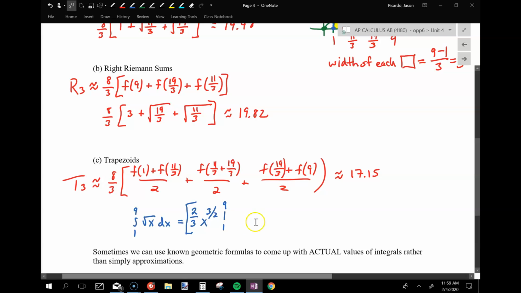So again, what does that mean? It means take 9 and plug it in, take 1 and plug it in, and take the difference between the two, right? So that's going to be 2/3 times, well, what is this going to be? The square root of 9 cubed, minus that.